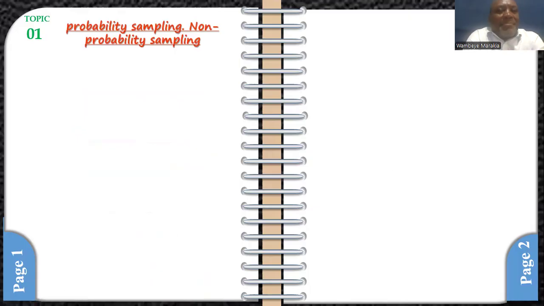It's a very important part of sampling and variability because it informs a researcher or a student of research why non-probability sampling and probability sampling are very important in research.